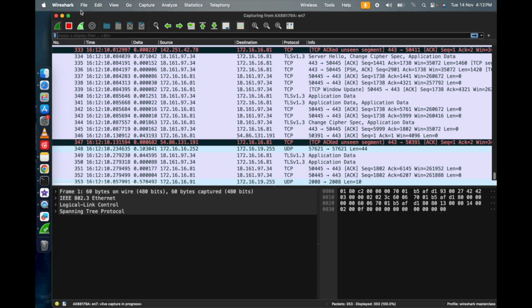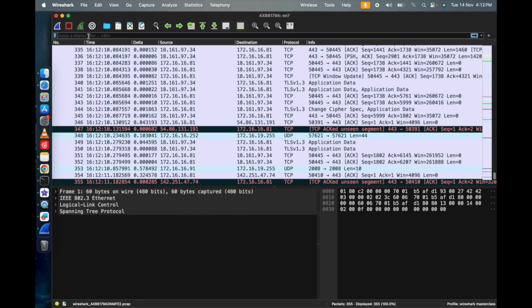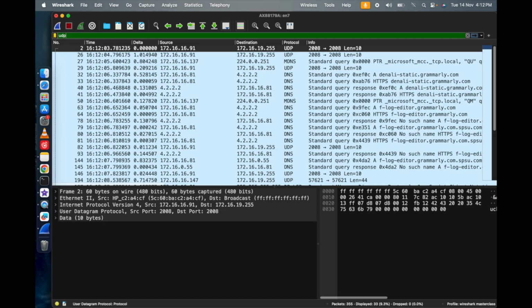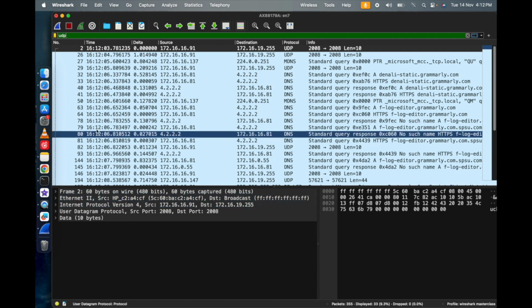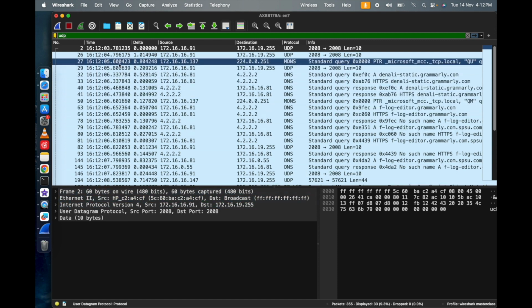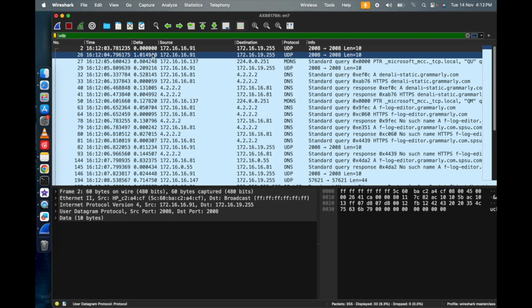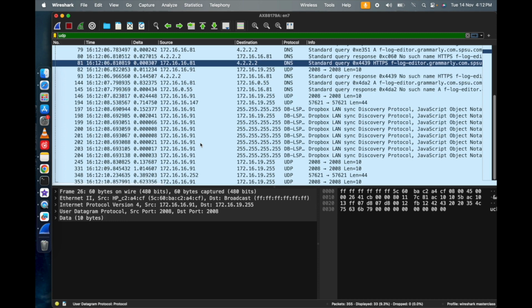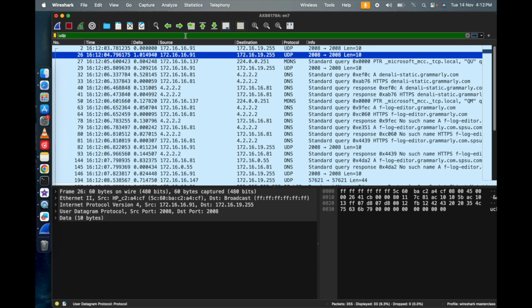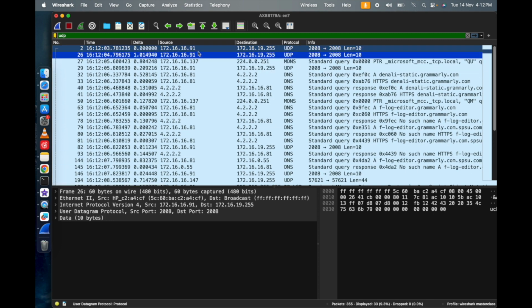Now again stop it and filter it by entering UDP. Okay, so over here there are multiple protocols that have been captured of UDP. So that's it, and let's just answer the questions.